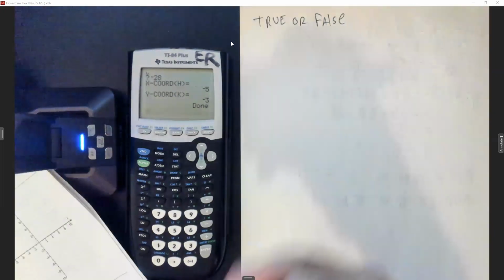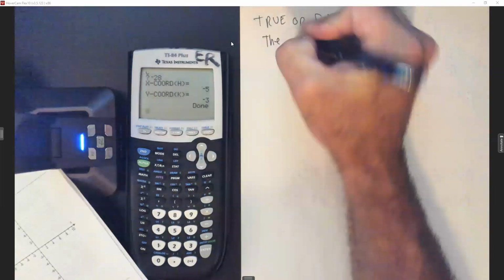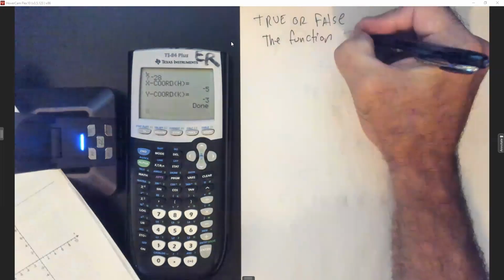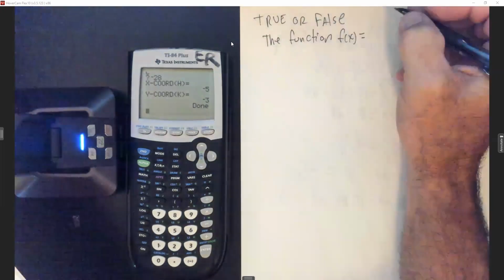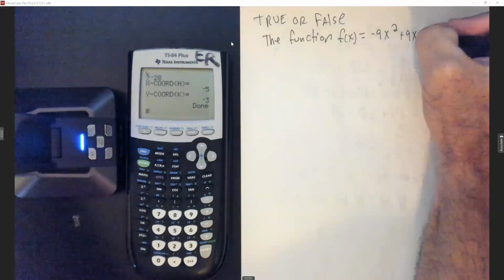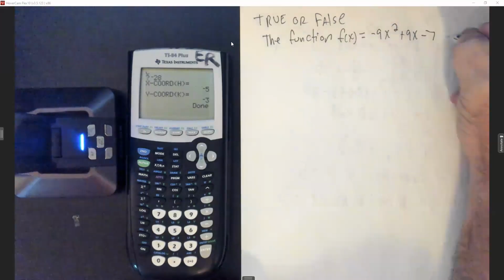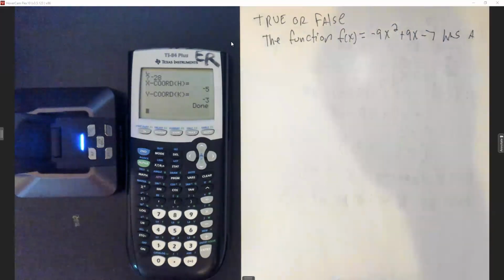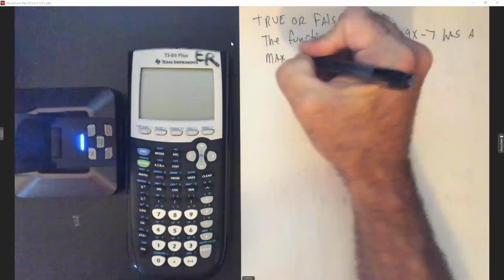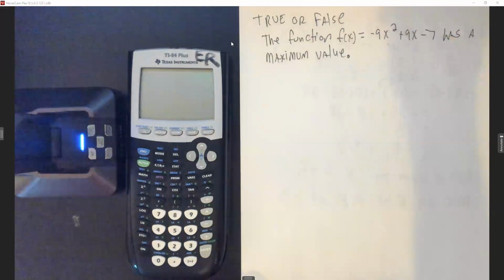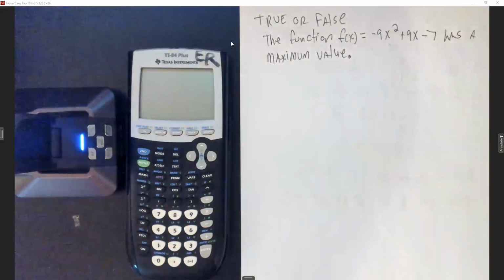So this one says the function f of x equals negative 9x squared plus 9x minus 7 has a maximum value. So the function negative 9x squared plus 9x minus 7 has a maximum value.